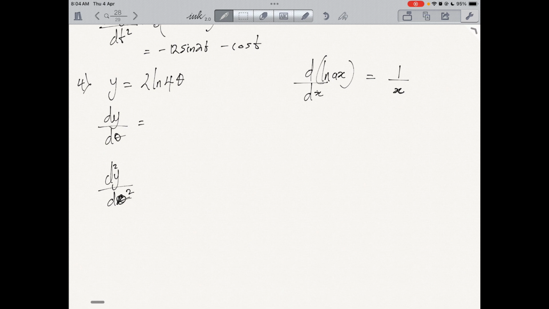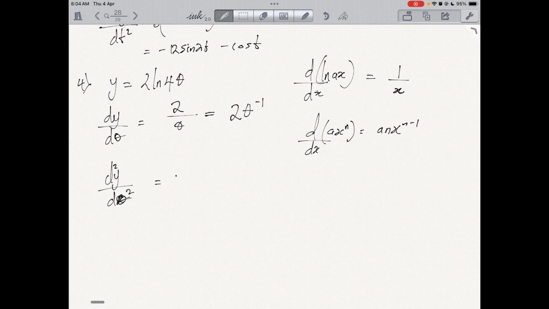Now, dy/d theta in this case is going to give us 2 over theta. Now 2 over theta, we have to differentiate it again. So let's write it in the format of indices. So this gives us 2 theta raised to the power minus 1. Now we can differentiate this, and let's apply the principle of a x raised to the power n to give us a n x raised to the power n minus 1.